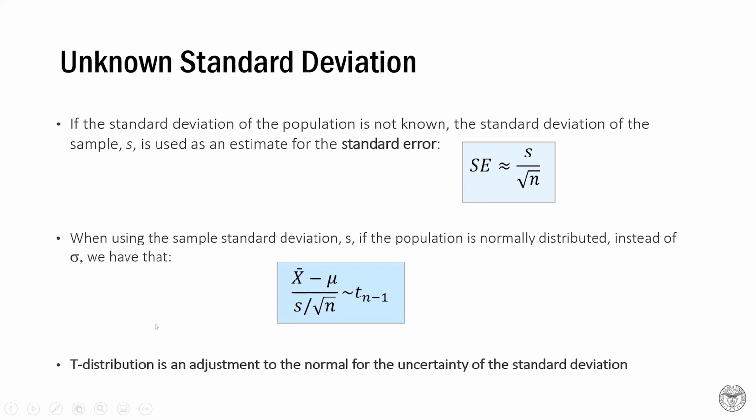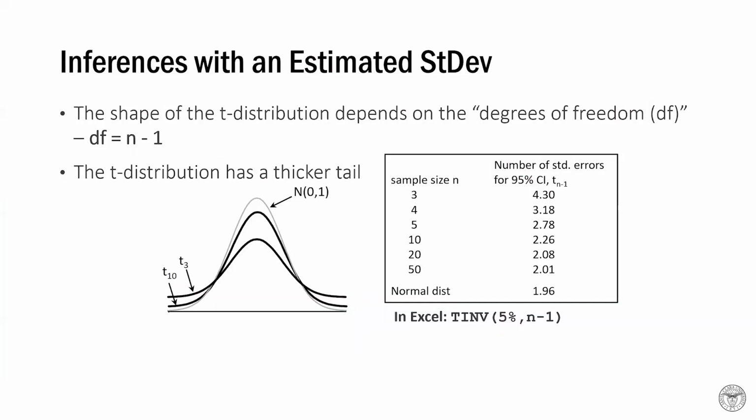The t distribution, also called student's t distribution, is an adjustment to the normal distribution because we do not know the standard deviation of the distribution. The t distribution is symmetric and bell-shaped, like the normal distribution. The characteristics of the t distribution are based on the assumption that the population of interest is normal or nearly normal.